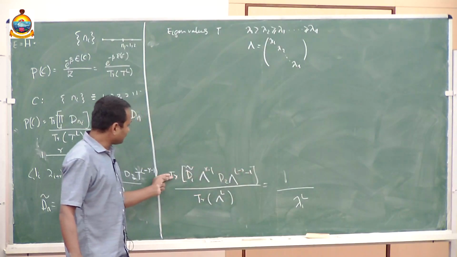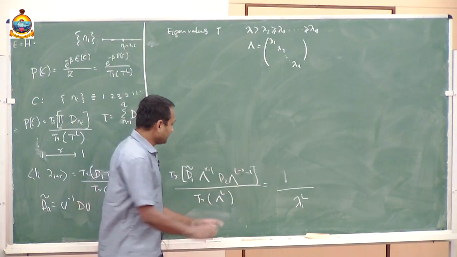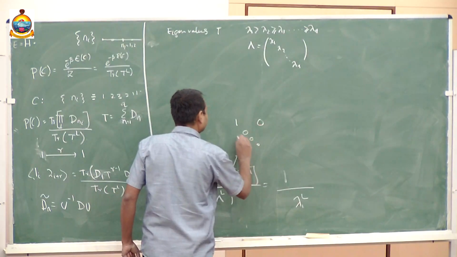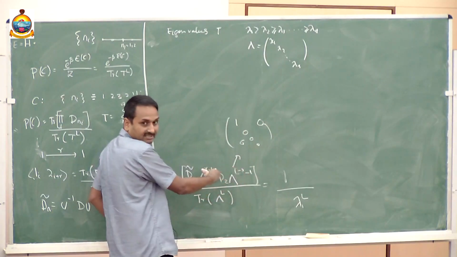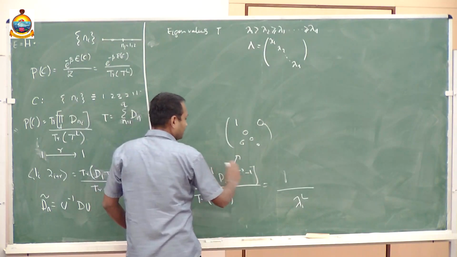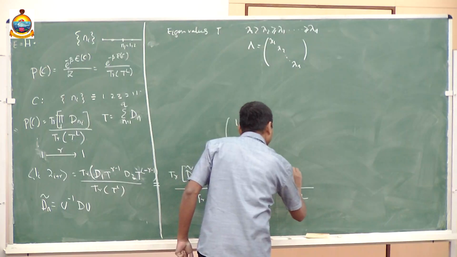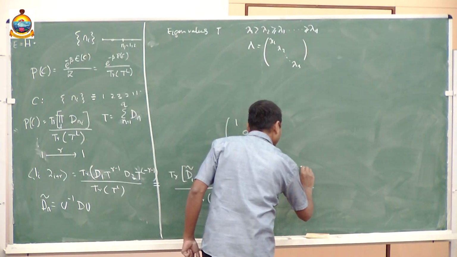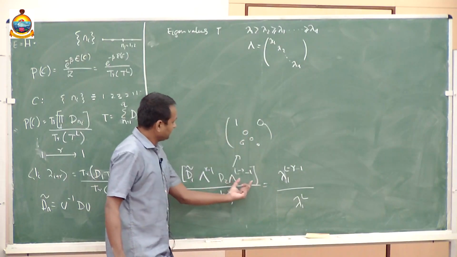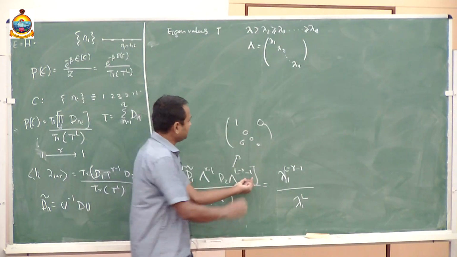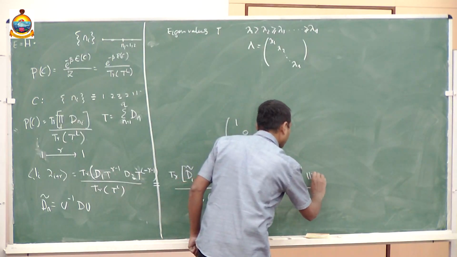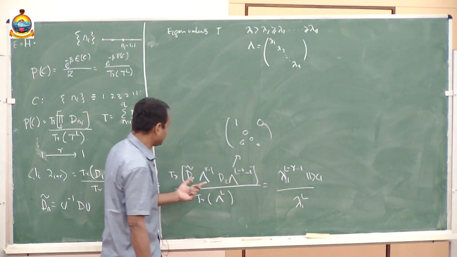Okay, so if you take it out, the first element here is 1, so this matrix goes to 1 0 0 0, everywhere 0. If you pull out lambda 1 to the power l minus r minus 1, then whatever matrix remains, let us call it A. This matrix is just 1 1.